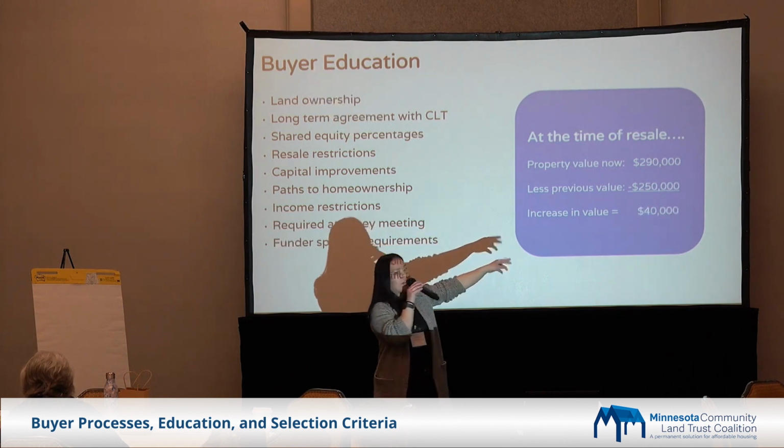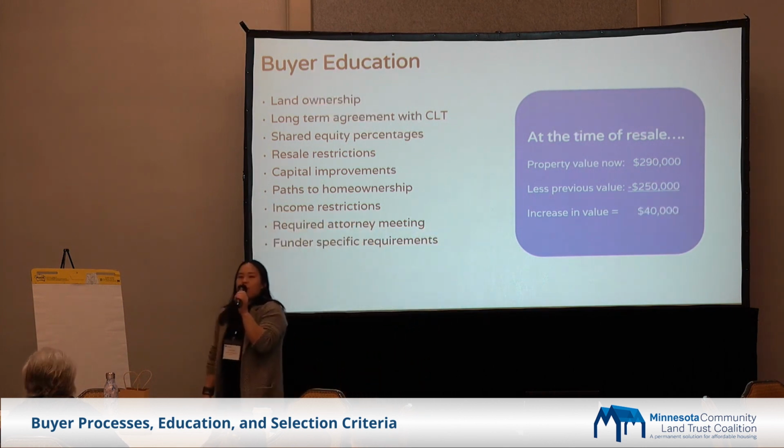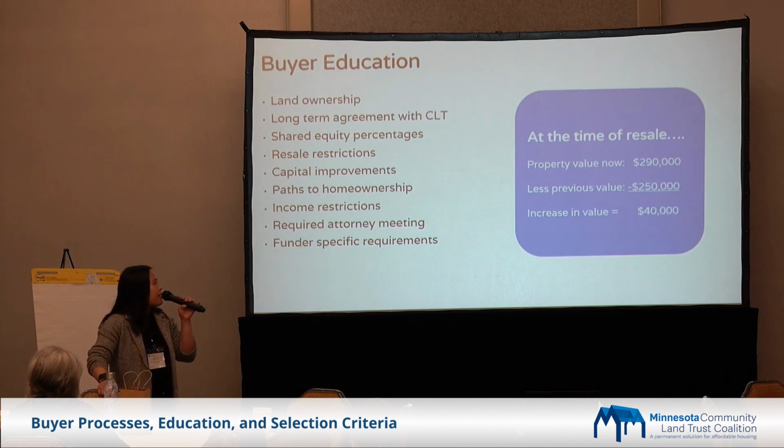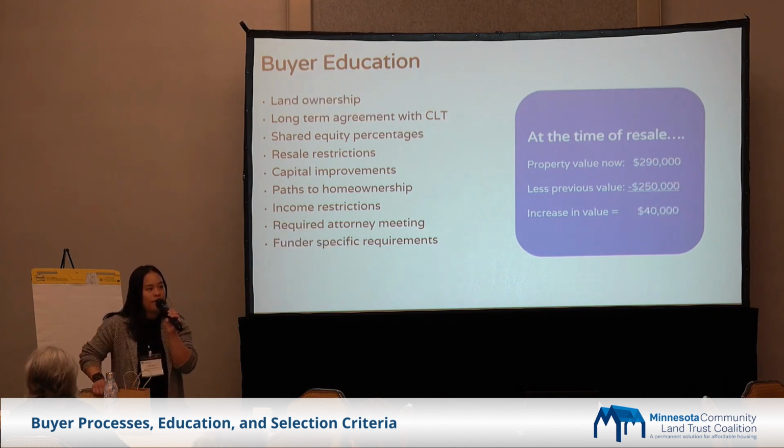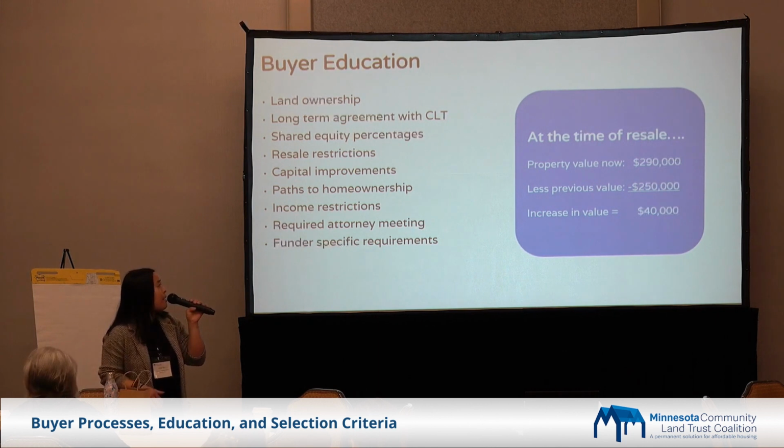So that increases 40,000. 75% of 40,000 would be, does anybody know? Anybody really good at math? How much? Yep. And then 10,000 will be the 25% in built equity that goes with the homeowner.